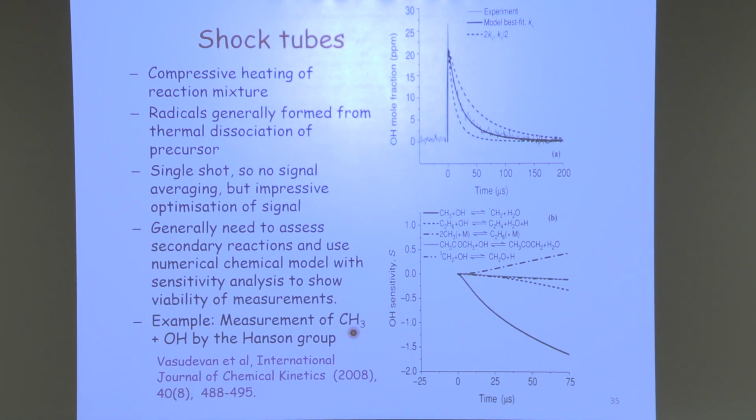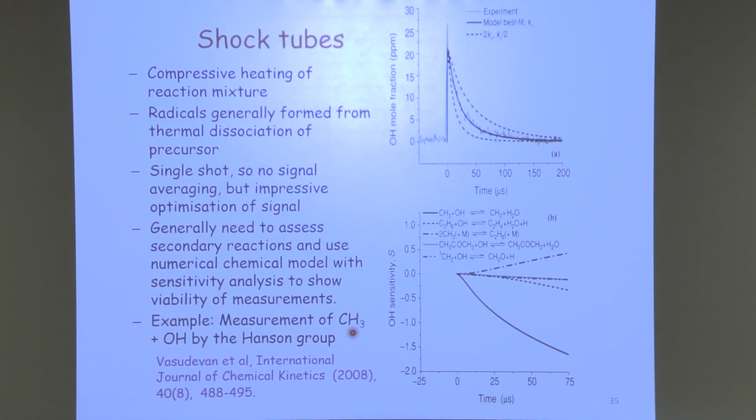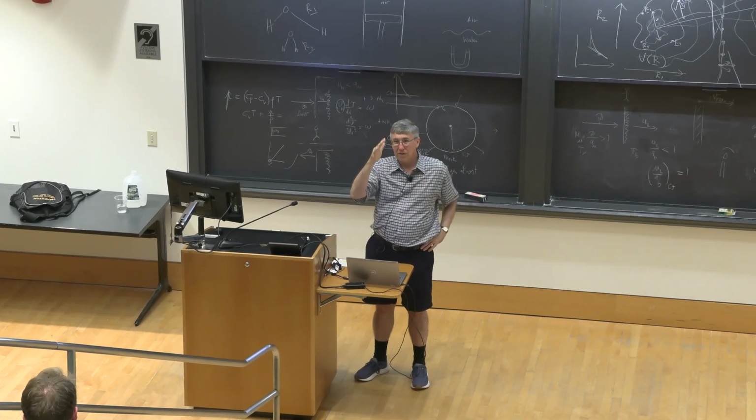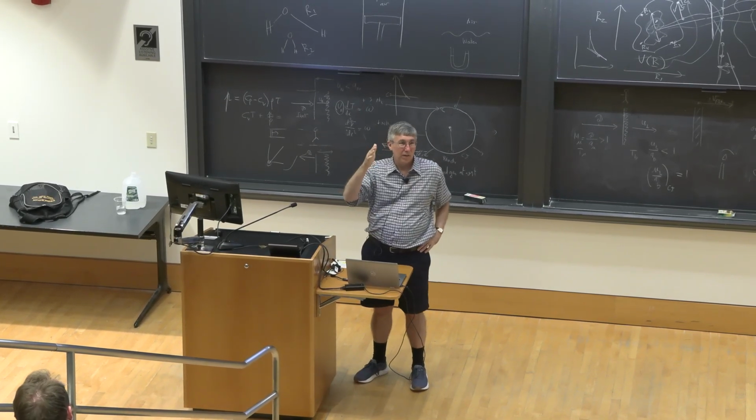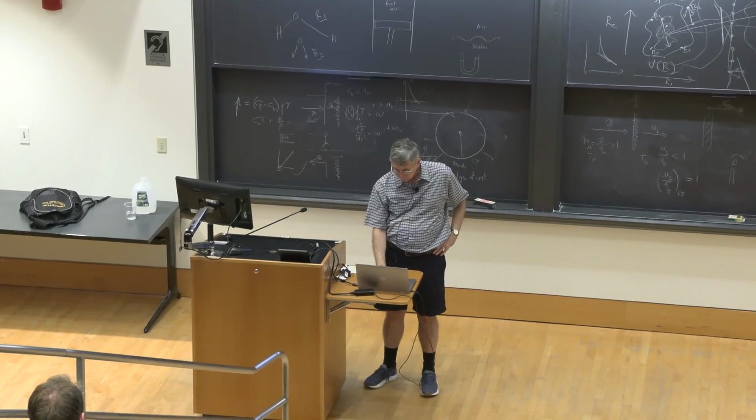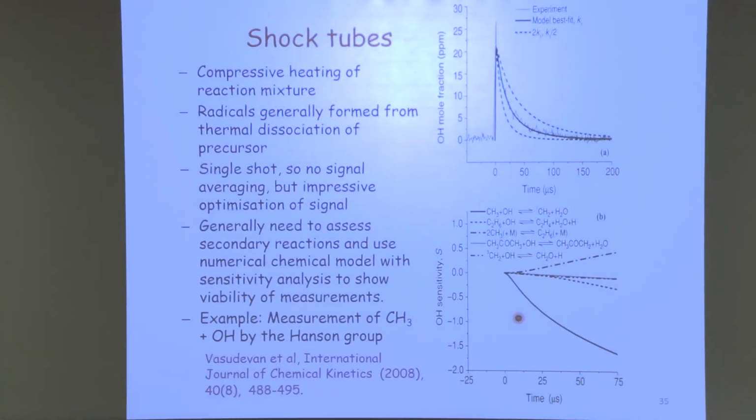So you see the trace of, say, OH or methyl, whatever they're probing. That's what they measured. But then it might be a multi-exponential, or not even exponential at all if it's a second-order reaction of radicals. And so you have to fit it. And then it might depend on a couple of rate coefficients. And so in this case, they figured out that it's sensitive to the rate coefficients of these 4 reactions.